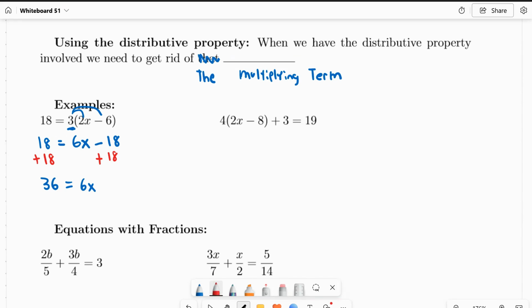Right now, 6 is my coefficient, so I'm going to divide both sides by 6, and that's going to leave me with 6 equals x, or x equals 6. And that's my final answer for that one. Give the example on the right a try on your own, and if you have questions, come to class with them, and we'll make sure to take a look at it.